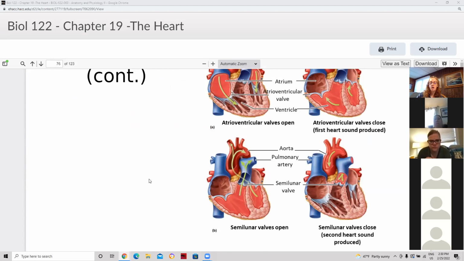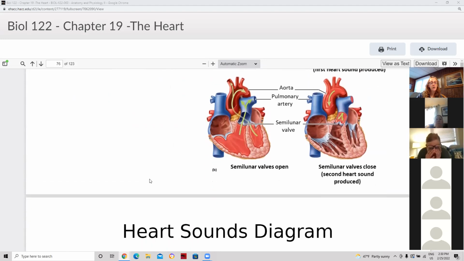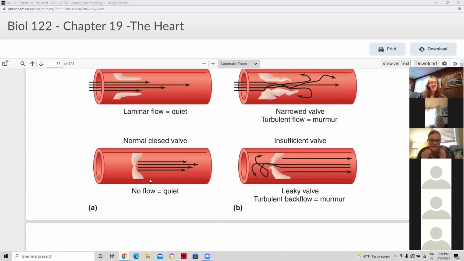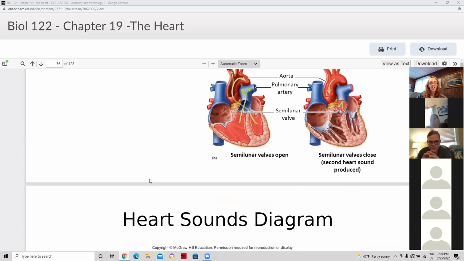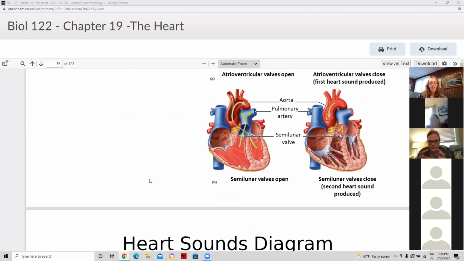Contraction. Contraction, are you sure? That's my initial thought, it just came out of my mouth. I'm thinking out loud, but it's probably them opening. Wait, are you sure they're opening?